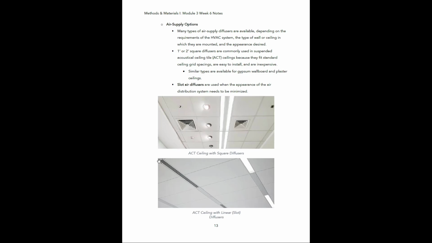So these are nice because they're a lot more minimal in their appearance, and they integrate with the look of lighting systems. A lot of times designers will do, you see here, a series of linear lights running through the ceiling, and then every other row you'll have a series of diffusers that coordinate with the locations of the lights. Okay, and it's just a cleaner look, and it helps the design look a little bit nicer.